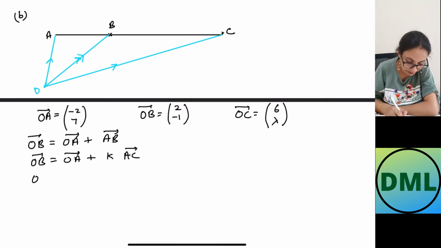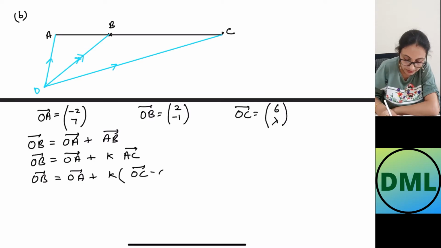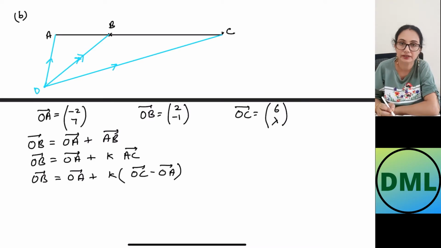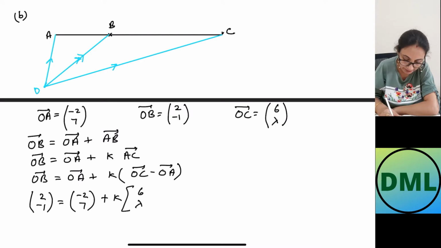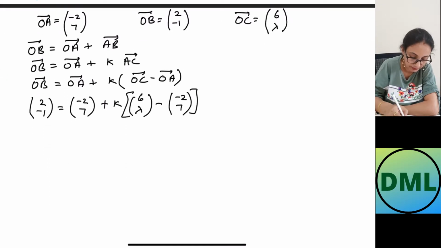Now let's solve it here. So the vector OB is equal to OA plus K times OC minus OA, if you write it in position vector form. Let's substitute the values here. It will be 2, minus 1 equals minus 2, 7 plus K times OC vector, 6 lambda, minus OA vector, minus 2, 7. Let's solve that.